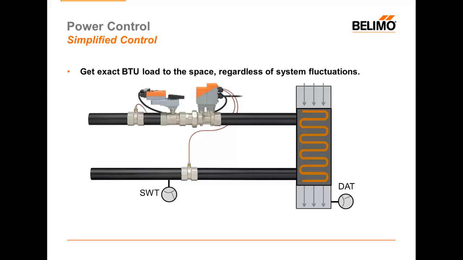When that is disrupted, the control system will notice this disruption and send a signal to the valve to supply additional water. Since the BELIMO energy valve in power control mode is already measuring BTUH, it will sense the BTUH reduction long before the discharge air temperature is disrupted and make that correction without the control system having to be involved. A similar result would happen if the air that arrived at the coil was warmer than design as well.